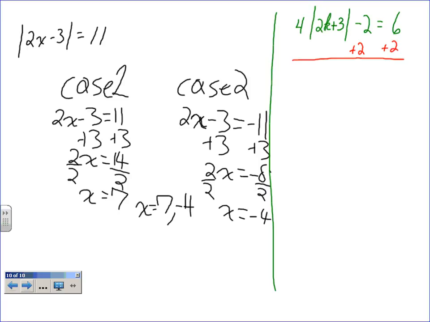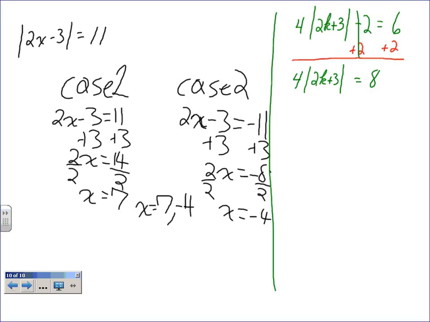Could you add 4 or no? No, you cannot add 4. So now we have 4 times the absolute value of 2k plus 3. The 2's cancel, and 6 plus 2 is 8. We cannot distribute that 4. We don't have that property.